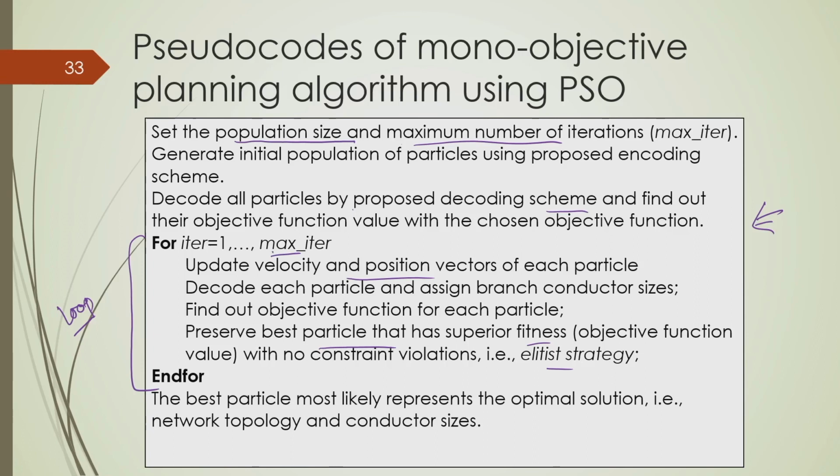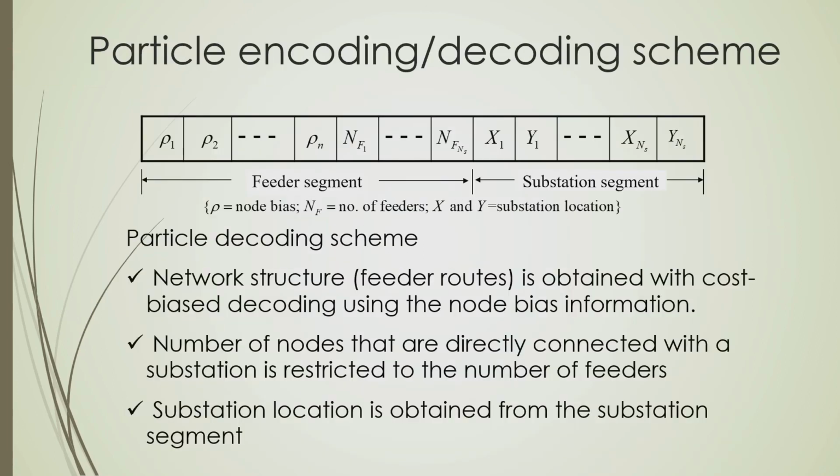Okay. So, here the termination criterion is maximum iteration, but again one can change the termination criterion as well. This is a special type of encoding-decoding scheme we have used. Instead of designing direct information, we have an indirect encoding technique called cost biased encoding technique.